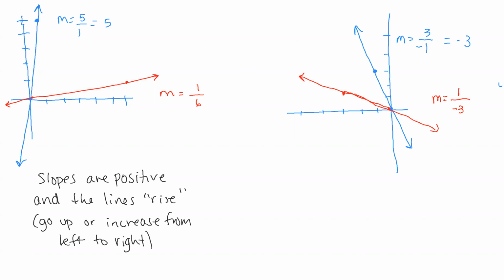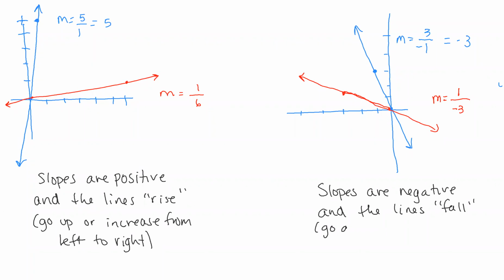Now, if we look at the graph on the right, they have negative slopes, and the lines fall. That just means they go down or decrease from left to right.